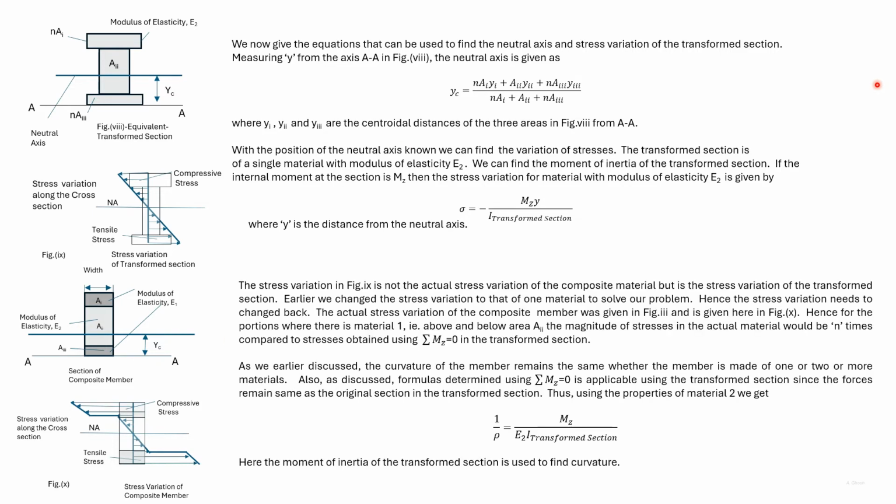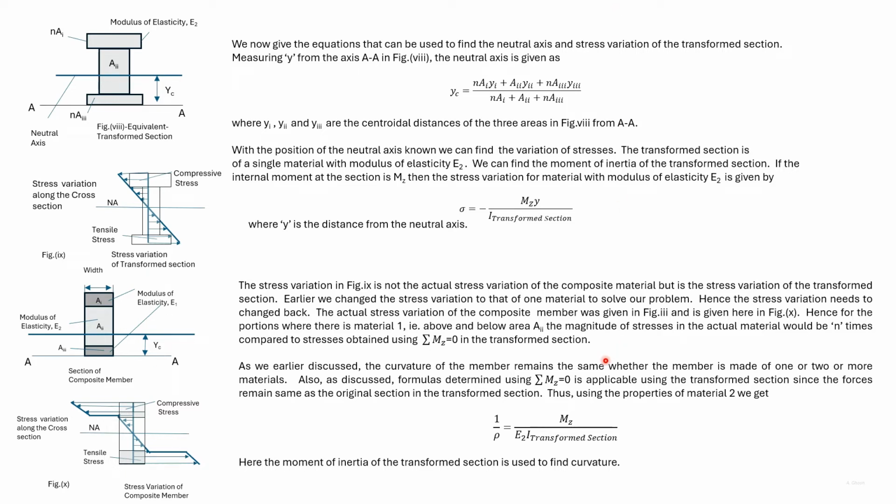We earlier discussed that the radius of curvature will not depend upon whether the section is of one material or of two or more materials. So we can find the radius of curvature of the transformed section, and it will give the radius of curvature of the composite member.